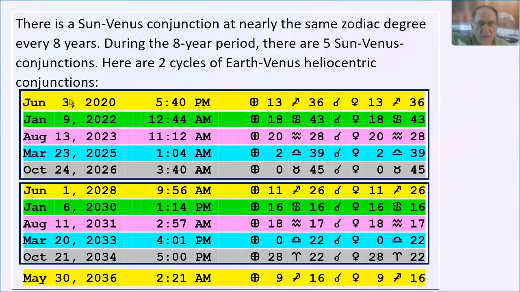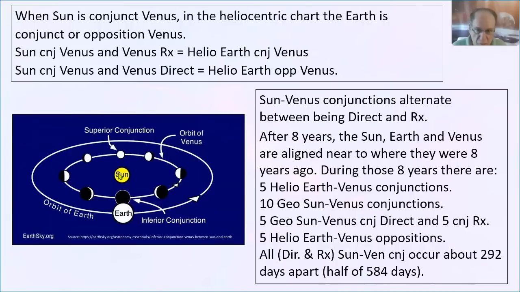In helio, every 8 years, there are these 5 conjunctions, and they do make a 5-pointed star. So heliocentrically, it's true that the next Earth-Venus conjunction will happen at a 5-pointed star point, and the next one another 5-pointed star, and after 5 of them, it returns back within 2 degrees.